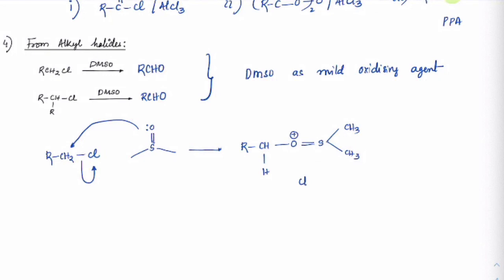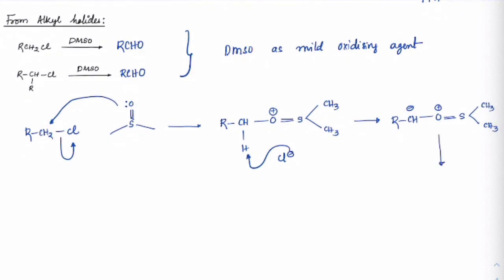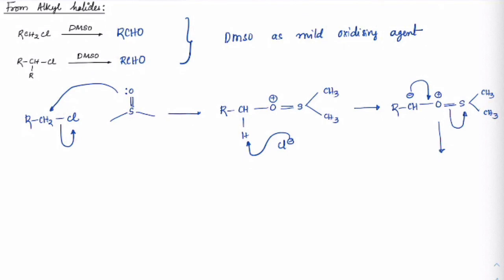right? Then the Cl minus which has left will extract this proton, and that would become RCH minus with O plus double bond S, CH3 and CH3. And if you check, the bond from here, this minus will make a double bond here, and this happens because of the strong carbon-oxygen double bond.